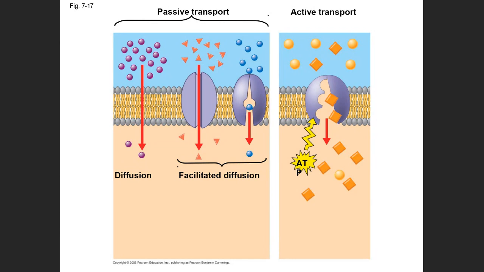A channel protein, which allows molecules to diffuse from high concentration to low, or a carrier protein, which does the same thing, except that the carrier protein is designed to pick up and transport a substance from one side of the membrane to the other, but without using any extra energy for that. It's just the nature of that molecule. And then active transport requires energy, usually ATP, because cells are trying to concentrate a substance against its gradient.